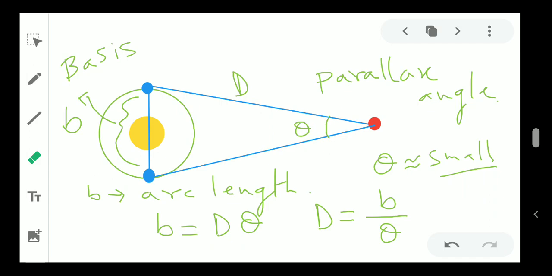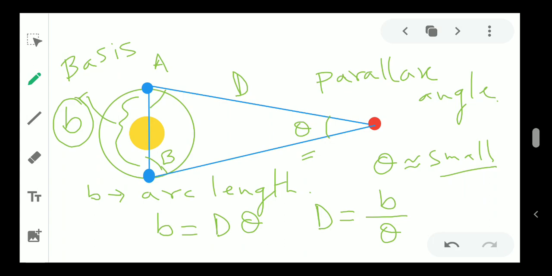What we are doing exactly is measuring the angle at this position, then measuring the angle at that position, and comparing these two angles to find theta. We also know the value of b because we know the length of our orbit.